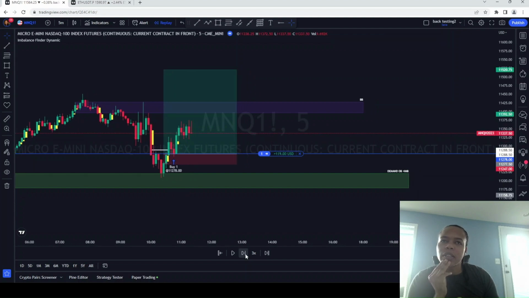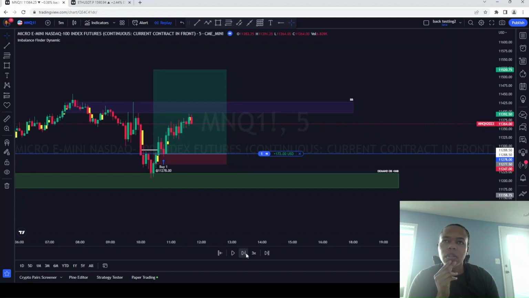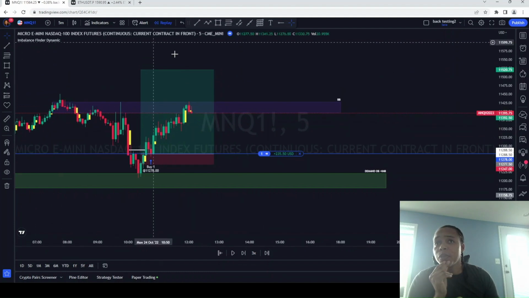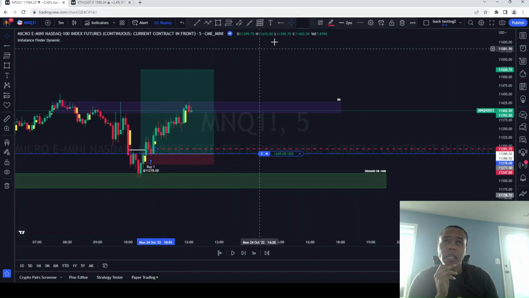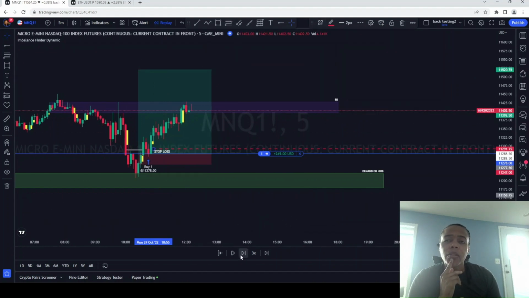It almost feels like it should be a couple of dollars, not hundreds of dollars. Honestly, we are halfway to our target, so my stop loss would be right here to protect my position.